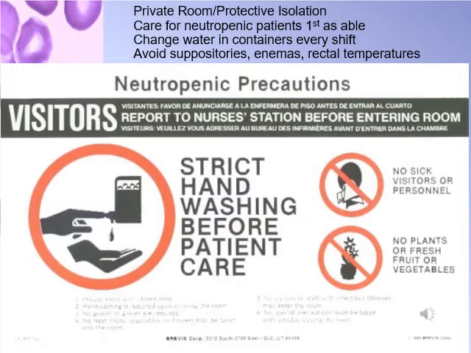But private room, making sure that we're hand washing, that we are wearing a mask, that visitors are wearing a mask, that we don't have sick visitors, not being exposed to a lot of children that, while they may not be sick, tend to carry more germs, avoiding stagnant water, so changing out water containers every shift, not having flowers with stagnant water, making sure that we don't have fresh fruits and vegetables that can have tiny microbes on them. So those are just some of the things that we are definitely paying attention to with neutropenic precautions, or what we call protective isolation.